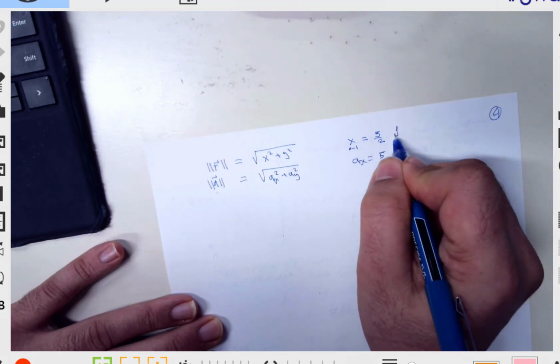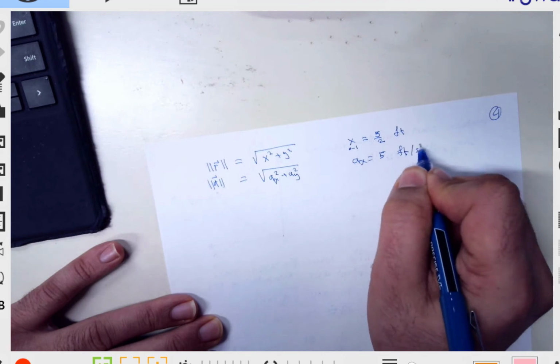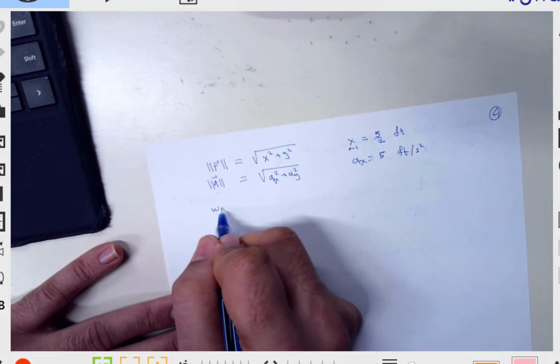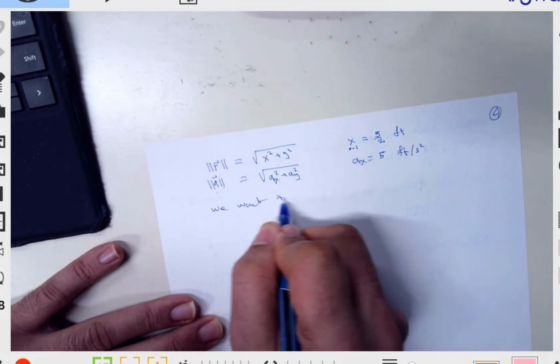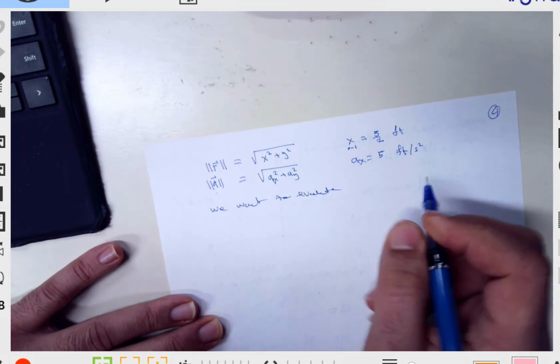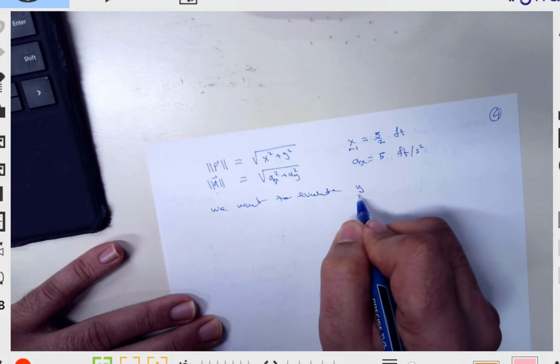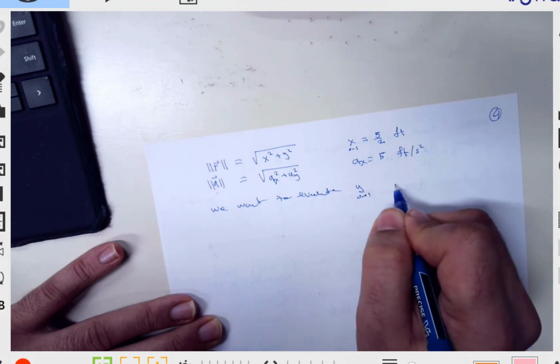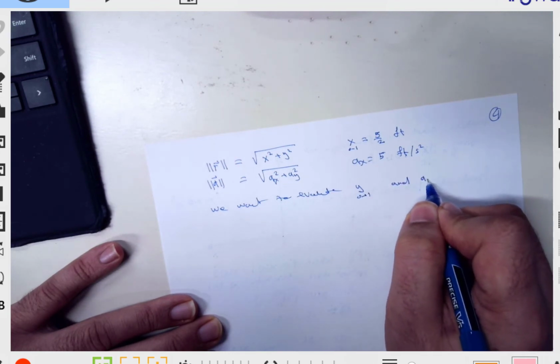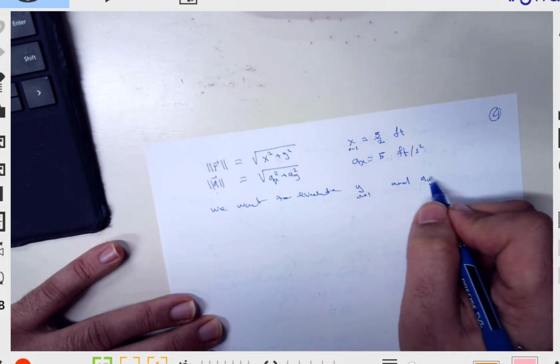This is in feet and this is in feet per second squared. Now we want to evaluate the y from 0 to 1 and also the ay component.